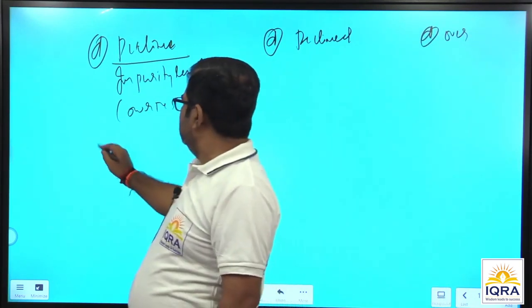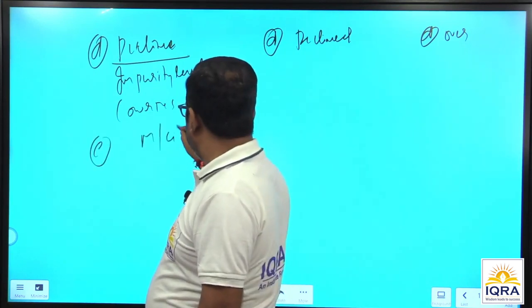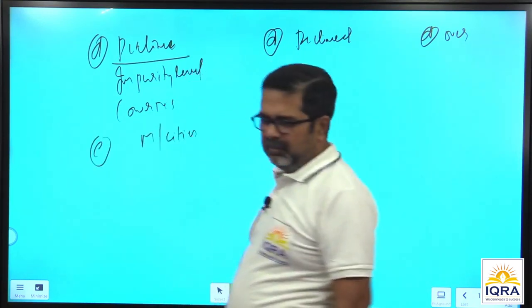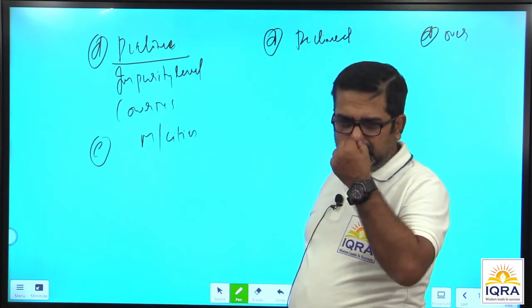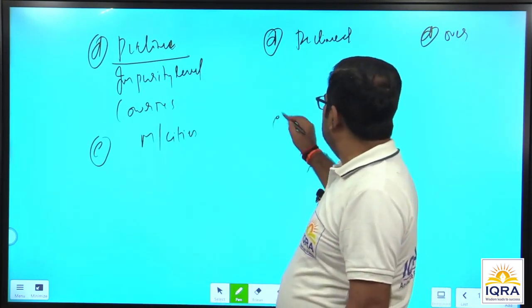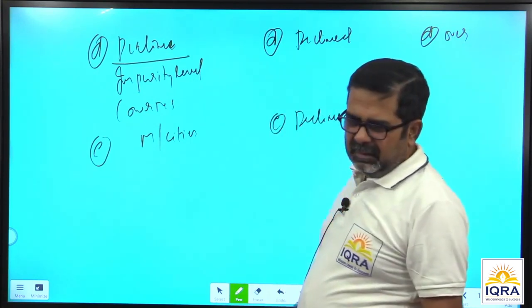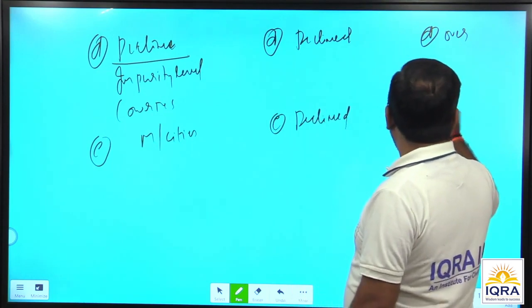Guild system is also managing the cities. Guild system declined. Now, Jajmani system.